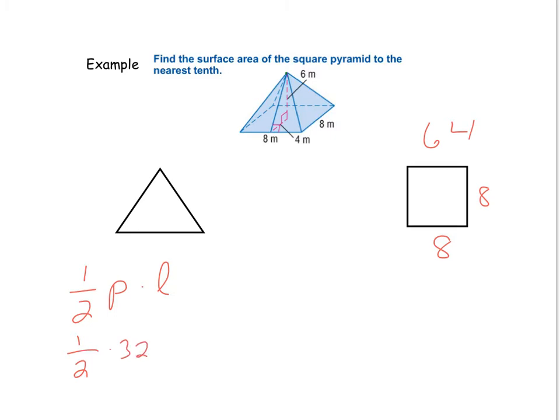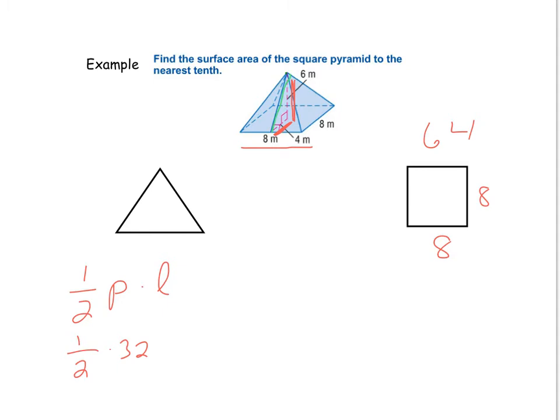Let's take a look here. I know I have a base of 8, which means this piece right here is 4. I had a height of 6. So using the Pythagorean theorem now, my slant height, that's this piece right here. Do you see that right triangle right there? In green, that's my slant height.